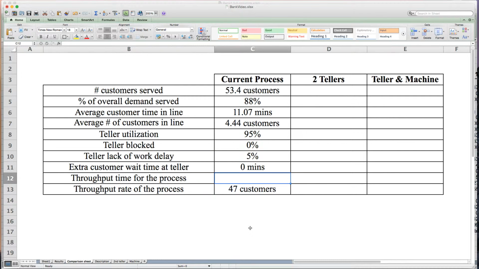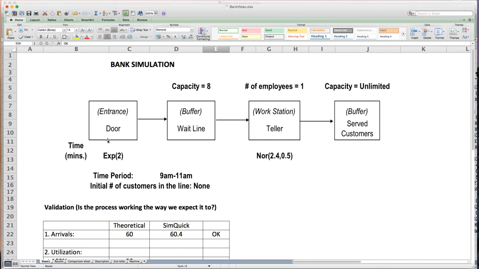Now, throughput time for the process. This is where you measure. Now we've got to calculate this ourselves. The simulation does not give this to us. So once somebody comes into the system, you've got to track their amount of time at the wait line, their amount of time at every workstation, so that will be the processing time plus any extra wait time, and then we're done.